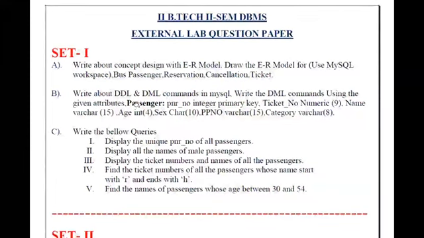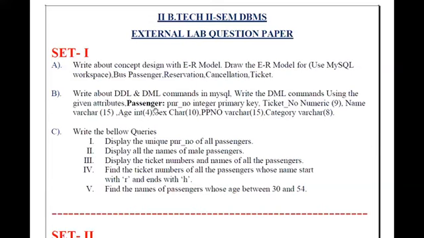The second question is: write about DDL and DML commands in MySQL. Write the DML commands using the given attributes, for example the given passenger. The question says you have to create the table for passenger, and after that insert the records.